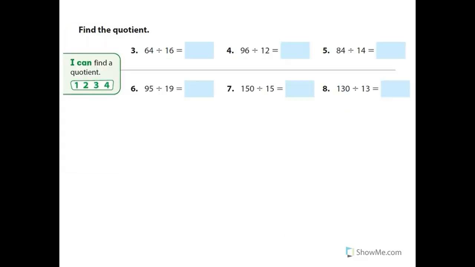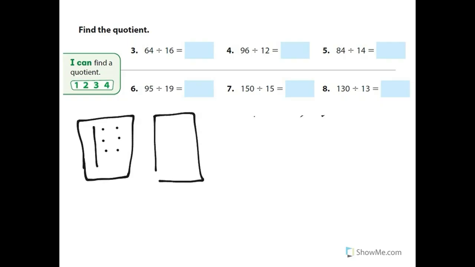Alright, so let's go to some problems now that ask us to find a quotient. So if we're using the model, it wants to know how many groups of 16 can we take out of 64. So let's use that model. We get 10, 11, 12, 13, 14, 15, 16, right? So groups of 16. That's one group.